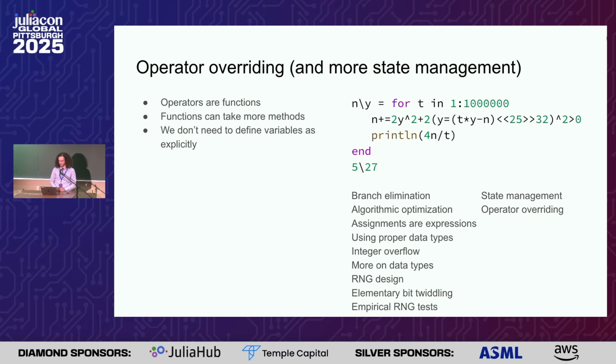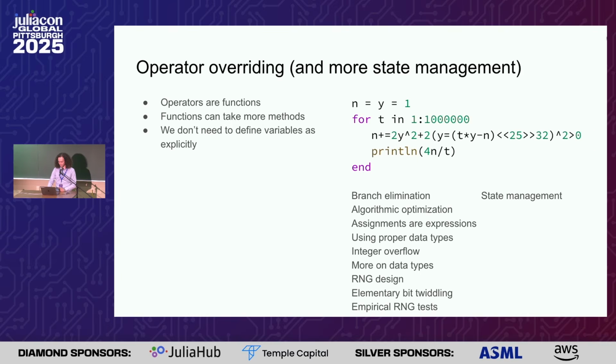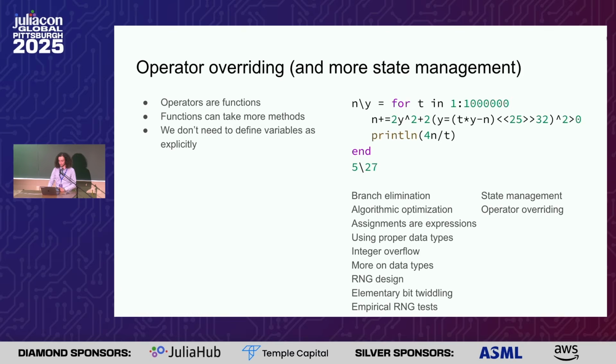And then we pass in to the backslash operator the things that we want to initialize n and y to. So here, instead of n equals y equals 1, we're passing in 5 and 27 to this backslash function. And then we'll start out with n equals 5 and y equals 27. And this lets us shave a few bytes off.